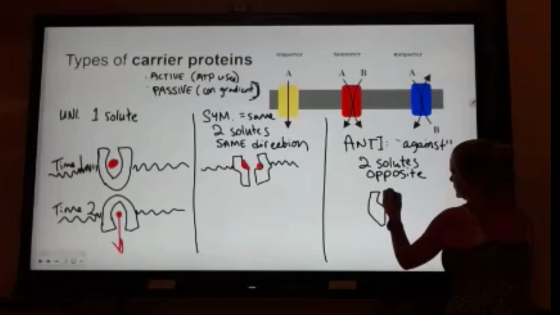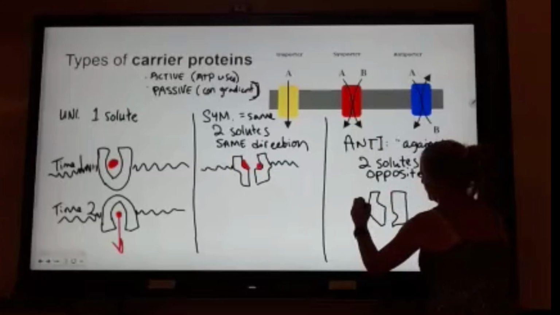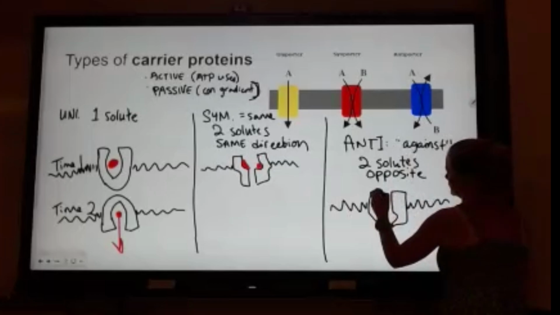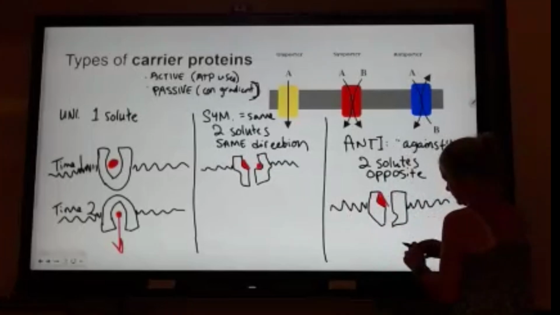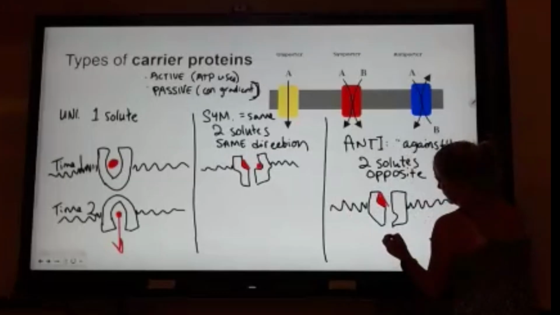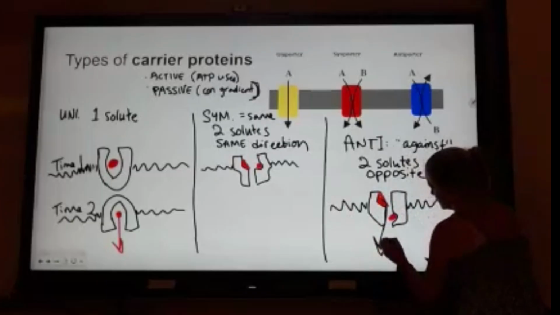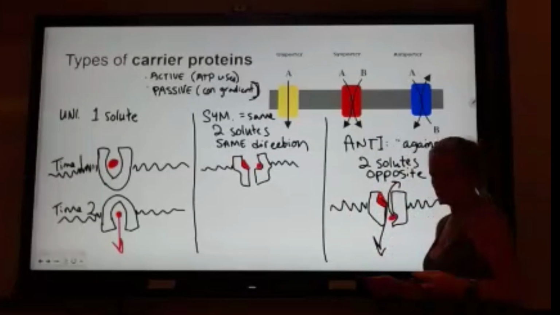This side of the protein is going to have the circle. Here's our plasma membrane. Okay, so our triangle is going to come and dock in there. On the inside, our circle is going to come in here. The triangle is going to go this direction. The circle is going to go in that direction.